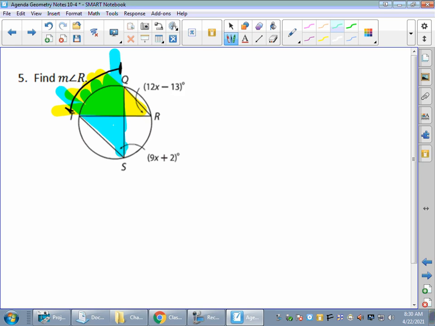Both angles R and S have the same intercepted arc, arc QT. Well, if they have the same intercepted arc, they're both whatever QT is divided by 2, which means they have to be congruent. Angle R has to be congruent to angle S. They have the same intercepted arc.